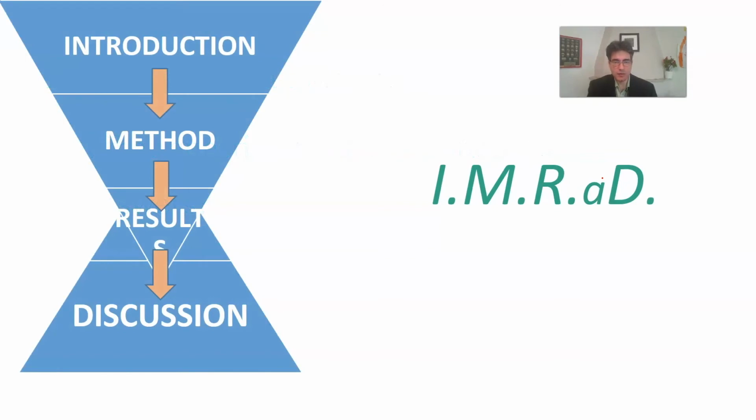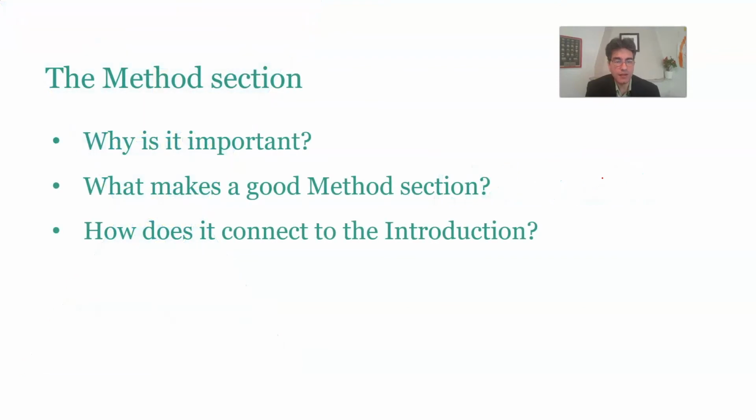So, taking a couple of steps back to our old sort of hourglass-shaped article, where I've kind of tried to stress throughout that in an IMRAD structure and the various permutations that exist within that structure, there is a connection.